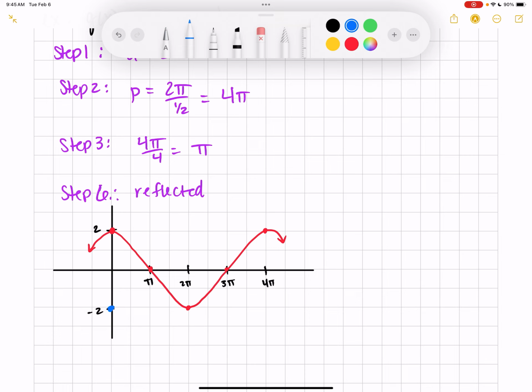So up to, that point happens to be the same. So at pi, it's still 0. 2 pi, I'm up at 2. 3 pi, I'm still at 0. And at 4 pi, I am at -2. So the blue is the final graph.